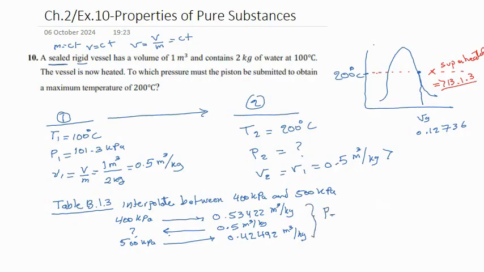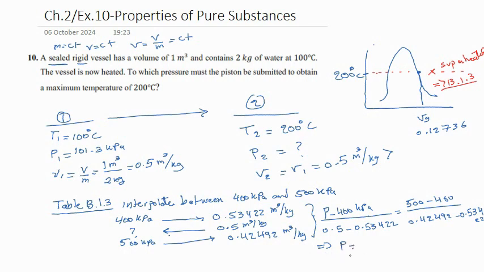So by interpolation, doing the calculations, the value will be 431.3 kilopascal.